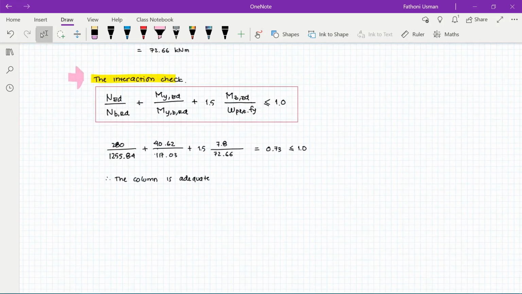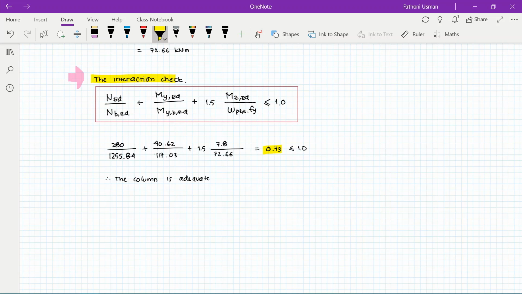You just fit into the expression all those values that we already calculated, and we find that it is 0.73 and less than 1.0. So the column is adequate.